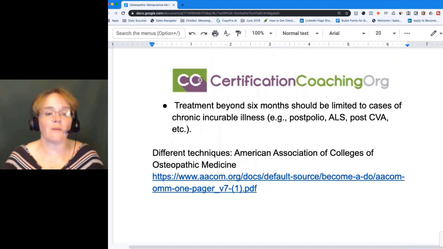And if you go beyond 6 months, it has to be because of some condition that the patient has, like ALS or post-CVA, some specific condition that's affecting that area of the body and causing those somatic dysfunctions. So they have a little bit more. You always look at the insurance guidelines as well, and make sure that you're doing everything properly for that insurance carrier. Again, there's the link for those different techniques that are used.